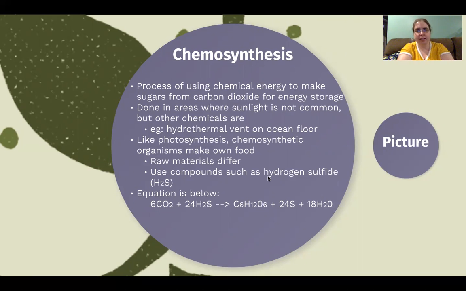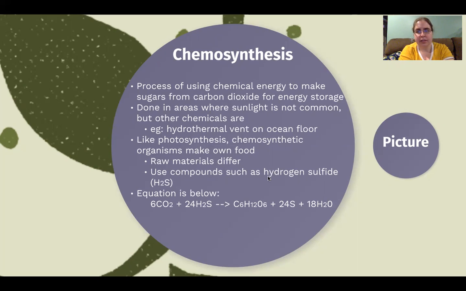So what this is, instead of using light energy, it's a process of using chemical energy to make sugars like glucose from carbon dioxide in order to create the glucose for energy storage. Now, as we said, this is done in areas where sunlight may not be common or available at all, but other chemicals are very abundant, such as hydrothermal vents on the ocean floor.